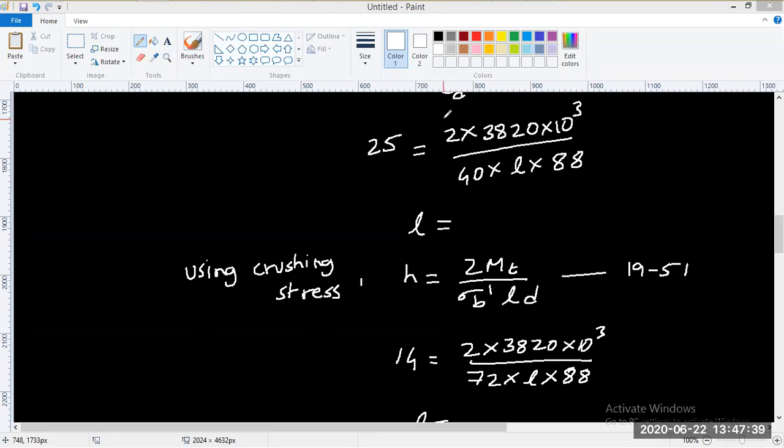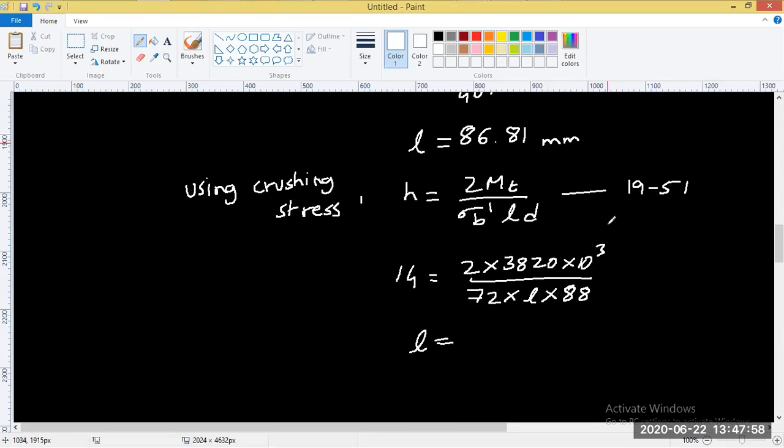So it is 86.81. Length according to this shear stress is 86.81 mm. And using the crushing stress also we need to find out.